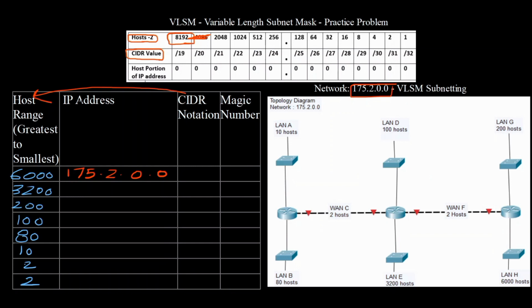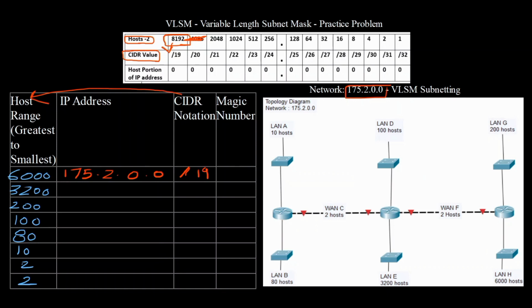So here we find the CIDR notation that corresponds to this value. This is going to be /19. So this is a /19.